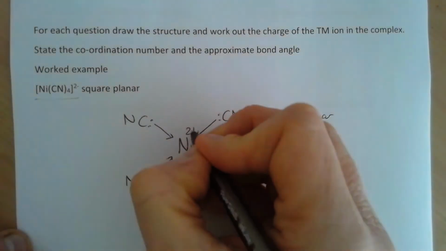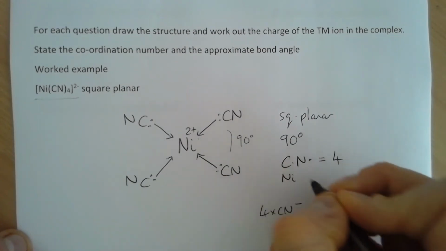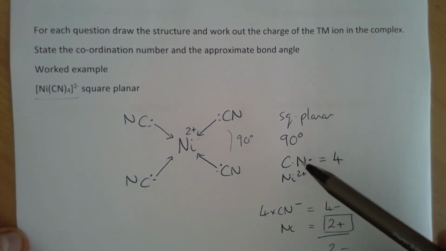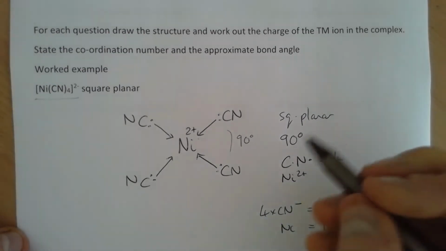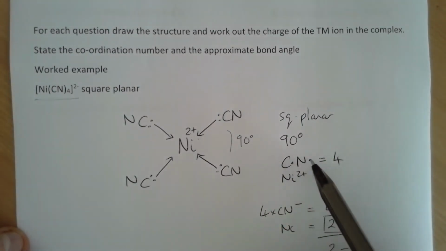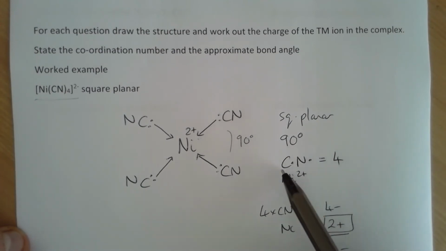So we can put nickel 2+ there, and I can put nickel 2+ there, just to complete the information. Notice, it looks a bit confusing because I've used CN in two different ways here. C.N. I'm using to abbreviate coordination number, and CN- is the cyanide ion.